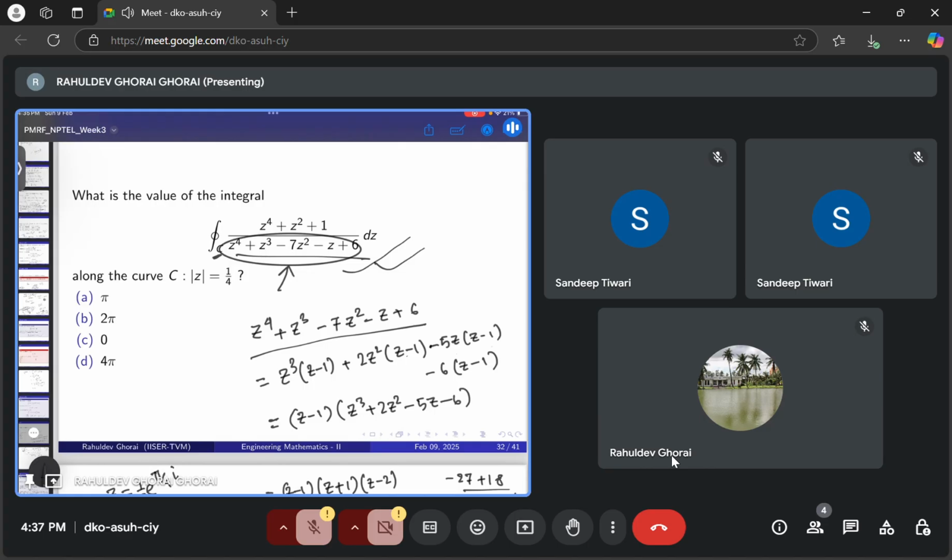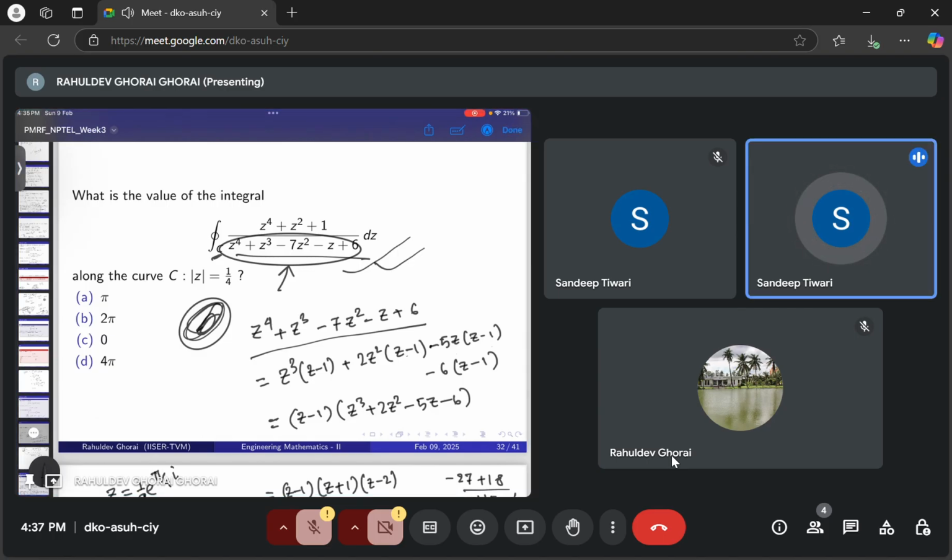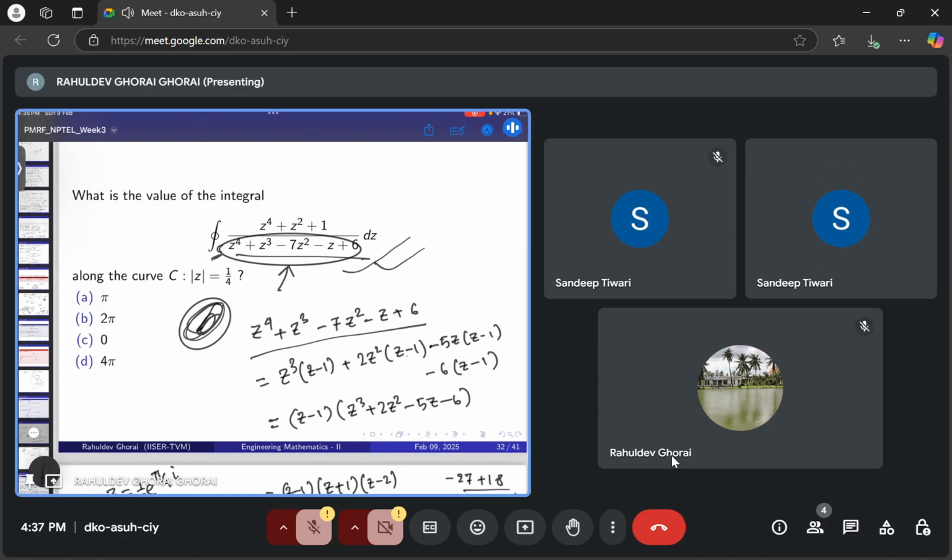C is a curve like this, and if you have a zero of this function inside it, then use the Cauchy integral formula; in the next class we will do that. But if it is not there, then just make it zero, because in this region it is analytic. So the closed integral will be zero.